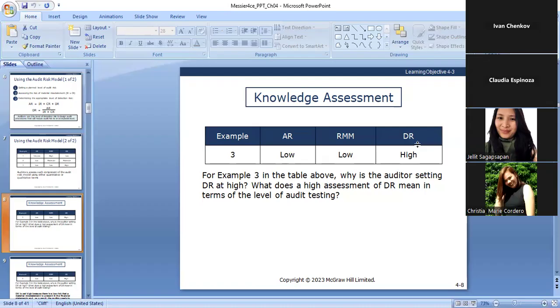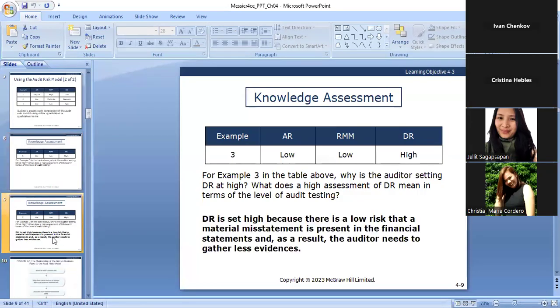But the question is, is there anything like that if the internal control in place already catches everything? Obviously not. So that's why we can live with a little bit higher detection risk. This is the trade-off.